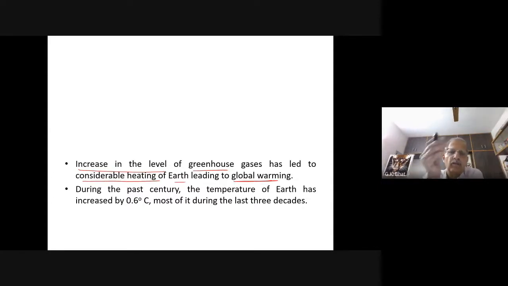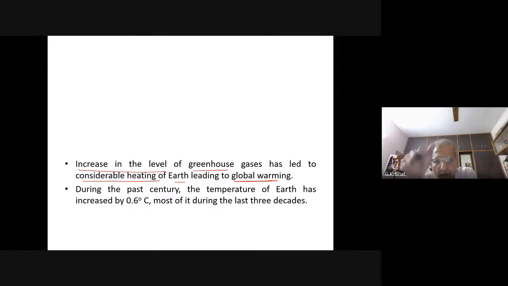So whatever this carbon dioxide, methane is there, whenever heat gets radiated back from the Earth's surface to the atmosphere, it should be reflected back to the Earth, otherwise our Earth would be cooler by minus 80 degrees centigrade.